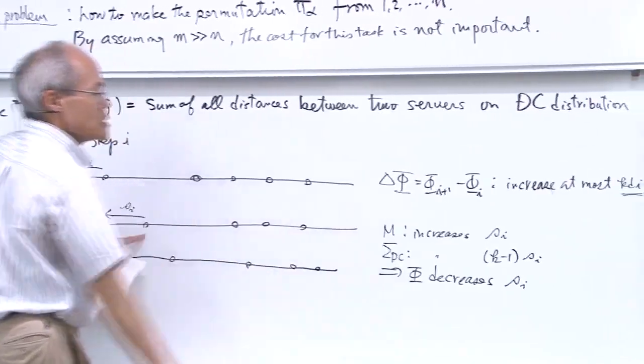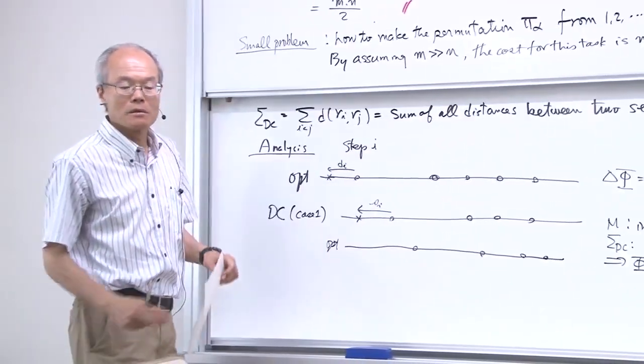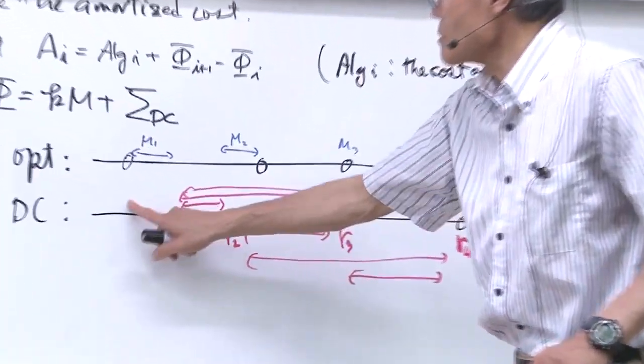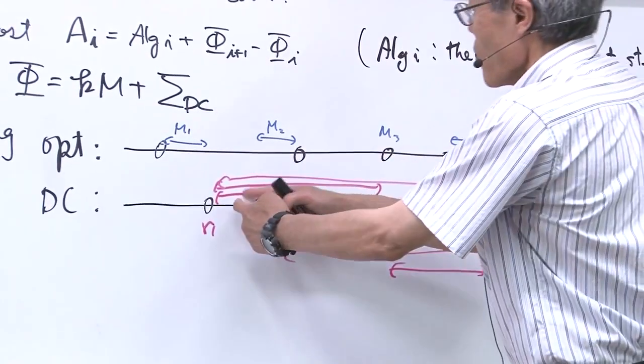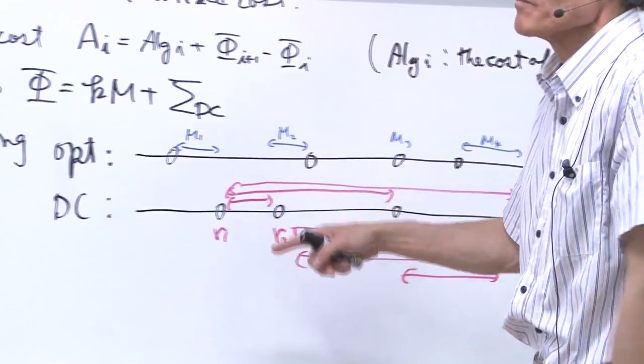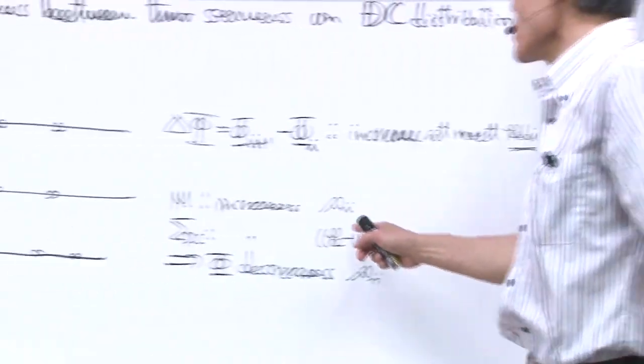That means it increases (k minus 1) s_i, right? This guy moves here by s_i, then all those three costs increase by s_i. So it increases (k minus 1) s_i.